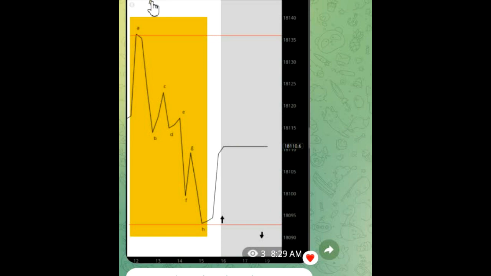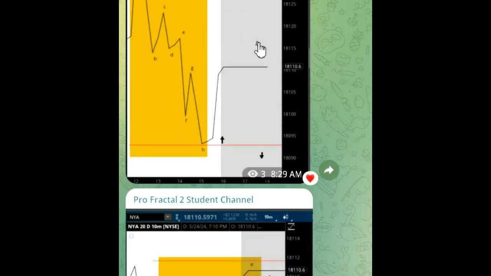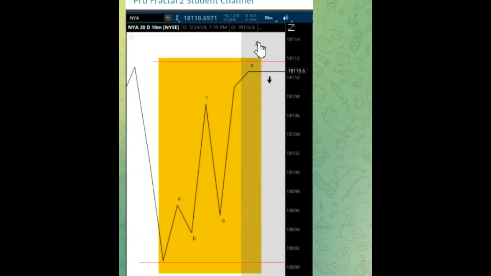Okay, so every time frame is going to give you a cycle. Here's the NYA on a 10-minute time frame, typical decaying fractal. 1, 2, 3, 4, 5. Okay, it went to E here, and went flatline. So I'm thinking if we remain here, that would be a good trade going down.